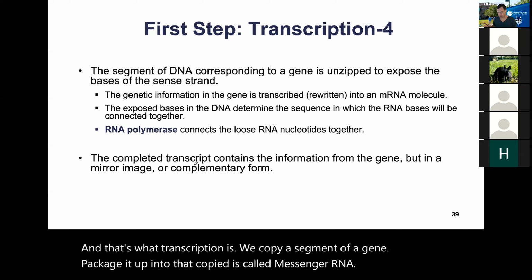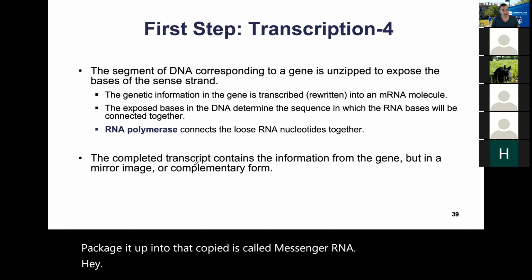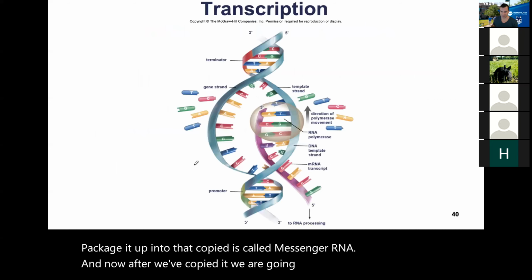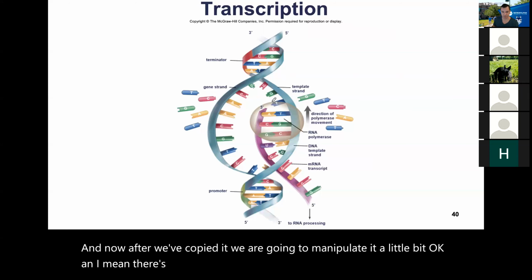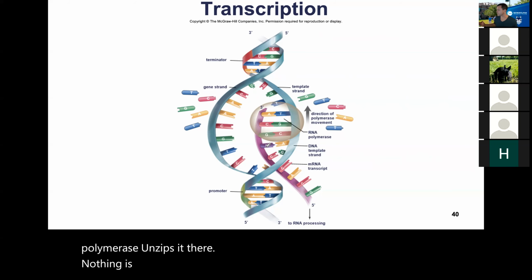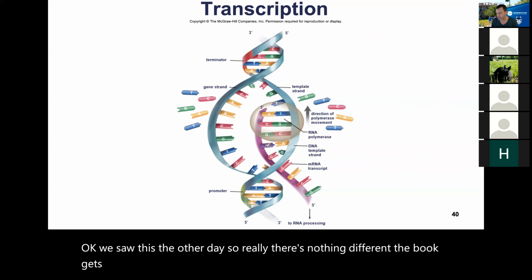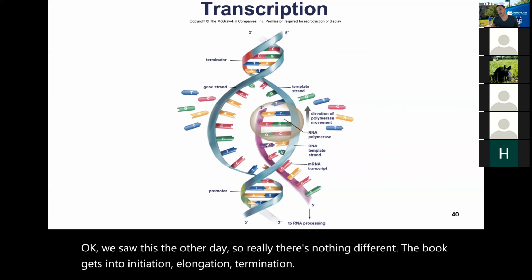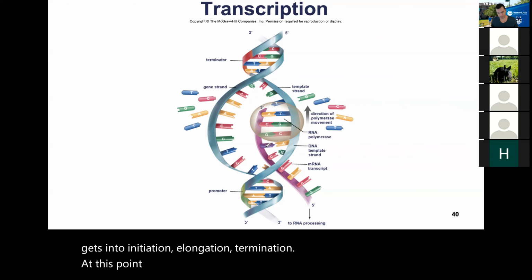And now after we've copied it, we are going to manipulate it a little bit. There's DNA, there's RNA polymerase, DNA polymerase unzips it there. Nothing is different here. We saw this the other day. So really there's nothing different. The book gets into initiation, elongation, termination. At this point, I don't really care.